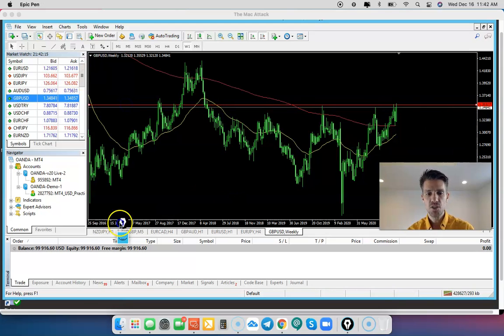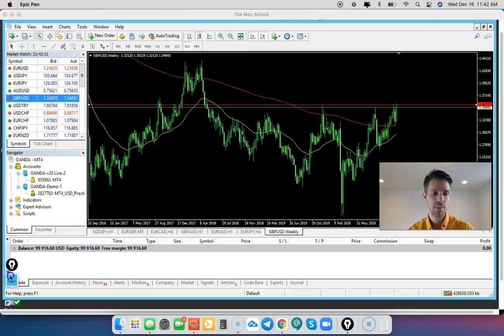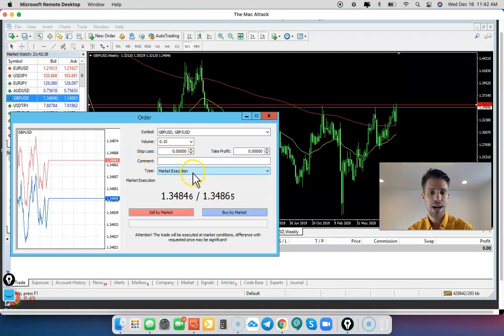We can see right here that it just kind of continues to hit this area, right? We have hit and hit and so on. It just keeps hitting this area, and I say, you know what? I want to buy once it gets above that. I'm going to buy the breakout. So if we're going to buy the breakout, that is going to be a buy stop.